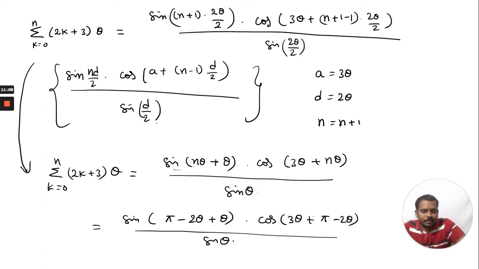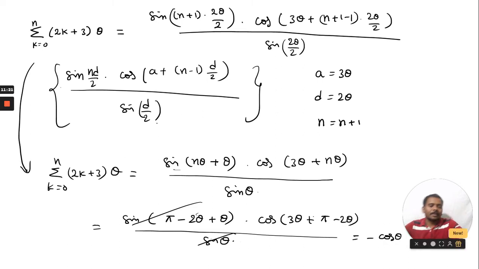So the numerator is nothing but sin(pi minus theta), right? Sin(pi minus theta) is nothing but sin theta. That means this gets cancelled. And here we have cos(pi plus theta). Cos(pi plus theta) is nothing but minus cos theta. That means the summation in the numerator is equal to minus cos theta.